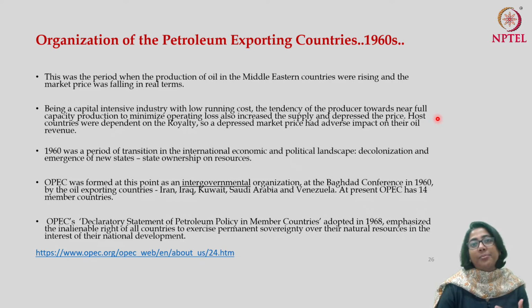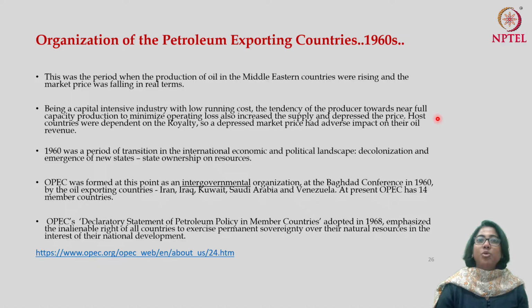And when there is a decline in price, automatically the revenue generated by these production companies fell. As a result, the royalty that they paid to the host nations also came down. And this adversely affected the revenue gained by the host countries.